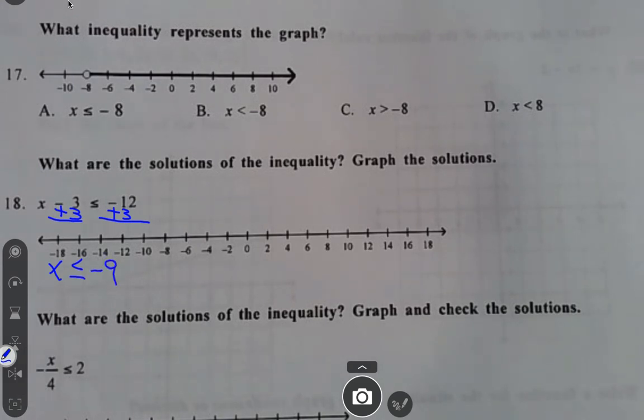So now I have to graph this one. I'm going to go to negative 9. Does everybody see it's right here? And why do I put a closed circle? Because it's equal to. And then what numbers are less than that? All these numbers are less than negative 9, to the left. So I'm going to go that way. That's what your graph would look like.